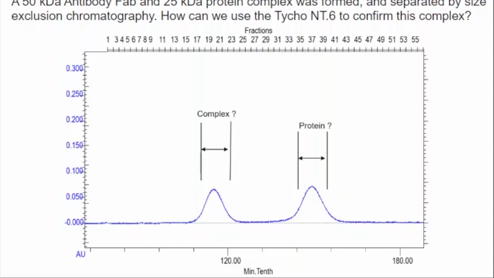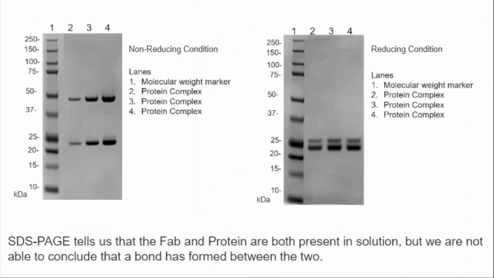But how can we confirm that the complex is really formed? How can we confirm further that binding has occurred? The first thing we did was we ran a gel, both in non-reducing and reducing conditions. We ran 1, 2 and 4 microliters of our protein complex.